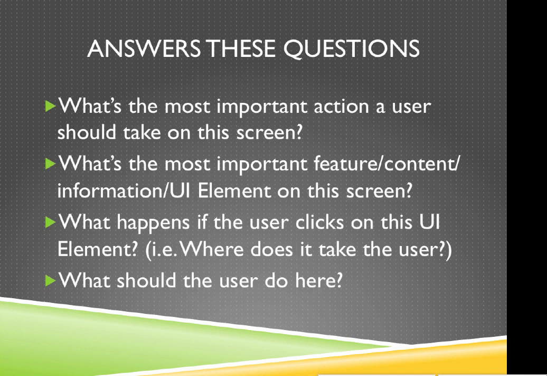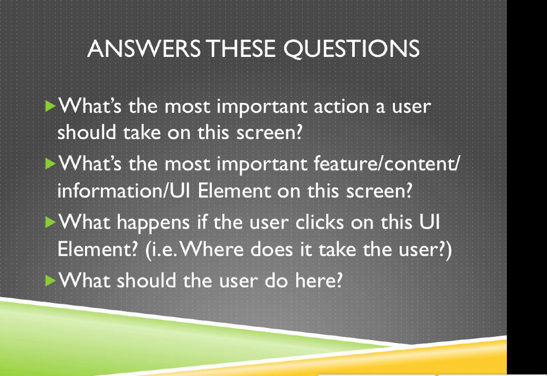And then, of course, these are some of the guiding questions that you'll be referring to as you're wireframing. What's the most important action a user should take on the screen? What is happening on the screen? Does it make sense to you? Is it intuitive? What's the most important feature of the screen?